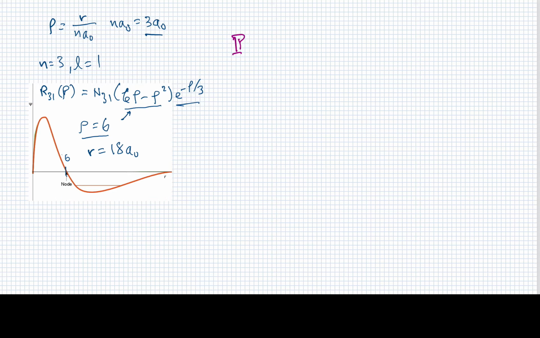So if I was interested in how probable it is to find the electron within a distance r, say, of the nucleus, so I'll draw that as P with less than r, then the integral that I would have to calculate to find this out would look like this.